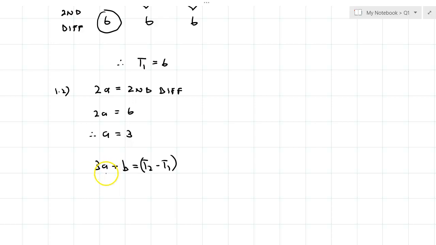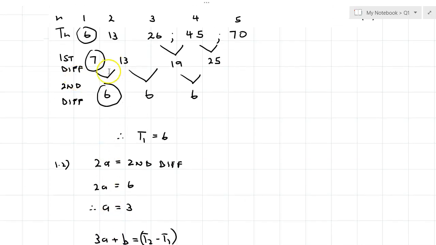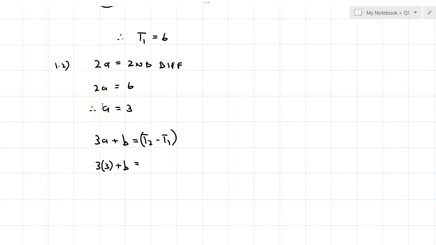So we substitute a: 3 times 3 plus b equals 7. So 3 times 3 is 9 plus b equals 7. Therefore, b is going to equal 7 minus 9, which is minus 2. So b is equal to negative 2.